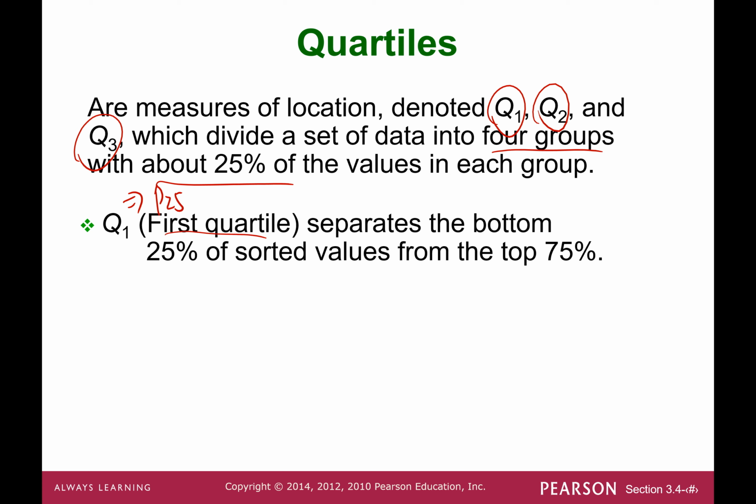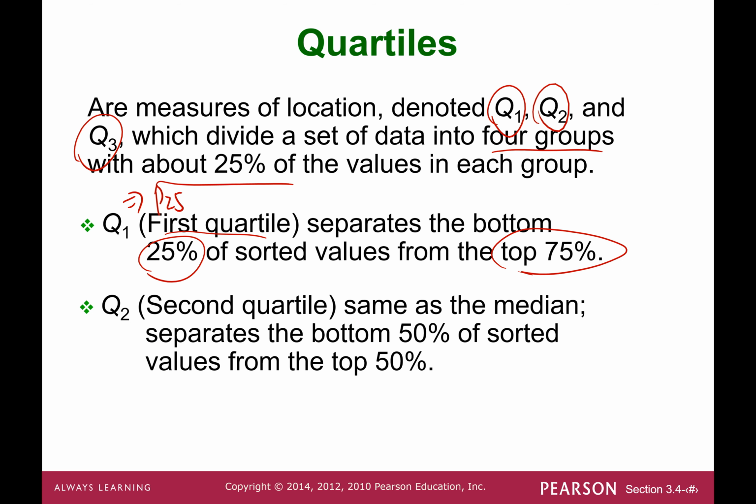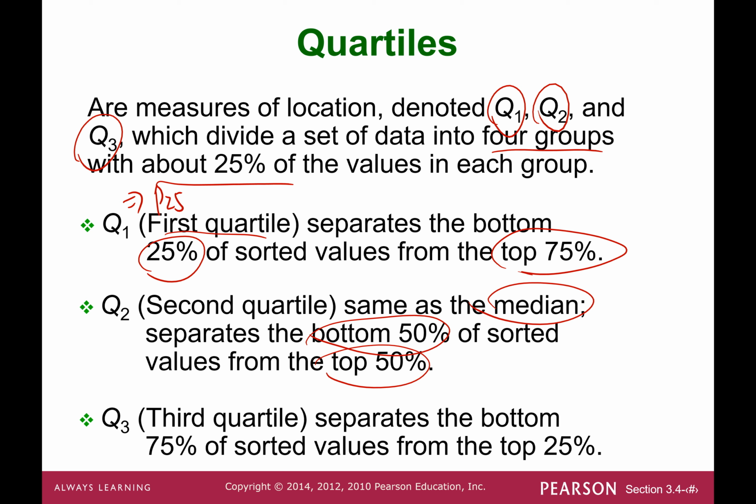It separates the bottom 25% from the top 75%. Quartile 2 is the same thing as the median, and separates the bottom 50% from the top 50%, because the median is the middle number. Quartile 3 is the same thing as percentile 75. We also call this the third quartile, which separates the bottom 75% from the top 25%.